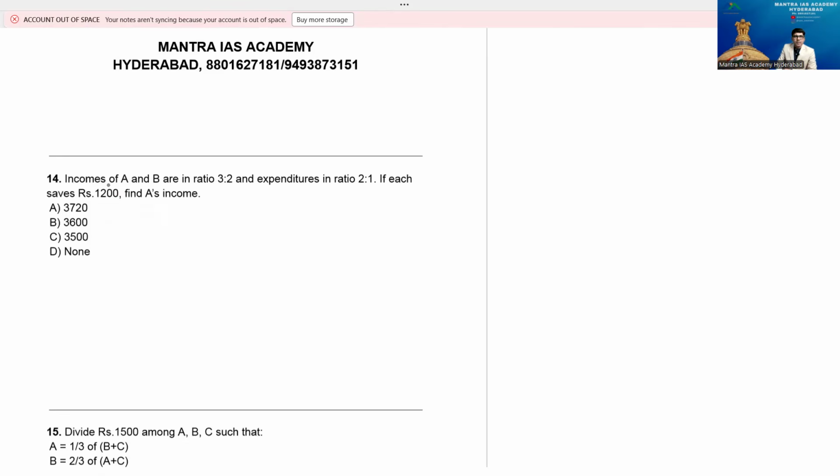Incomes of A and B are in the ratio 3 is to 2 and expenditures are in the ratio 2 is to 1. If each saves 1200, find their incomes. From an income point of view, it's a very important question. For example, imagine my income is monthly 1000 rupees and my expenses are some 400 rupees. What about my saving? 600.